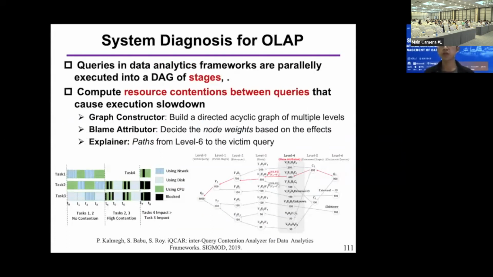The goal is to compute the resource contention between the queries and the causes of execution slowdown. In this method, they first build a graph at multiple levels, like a query level, resource level, and a server level, and they detect the victim queries and explain the causes of the victim queries by traversing a path in the DAG from some nodes in the lower level to the victim query.